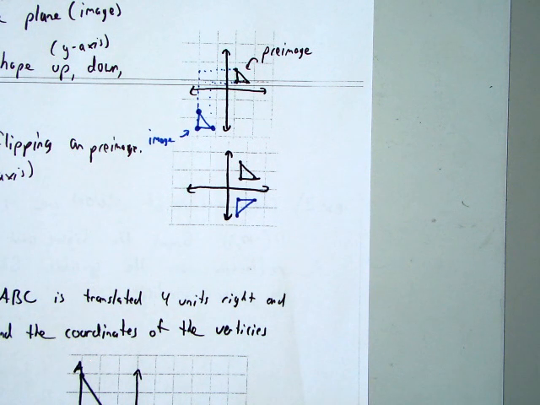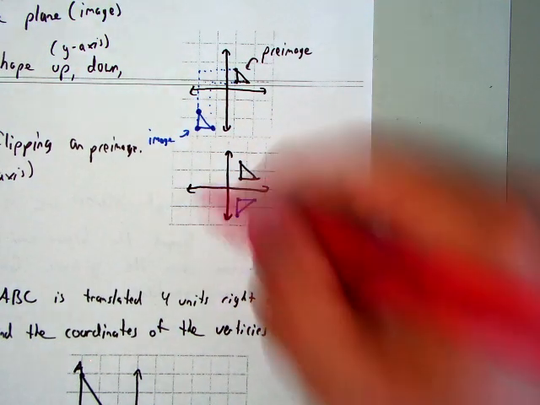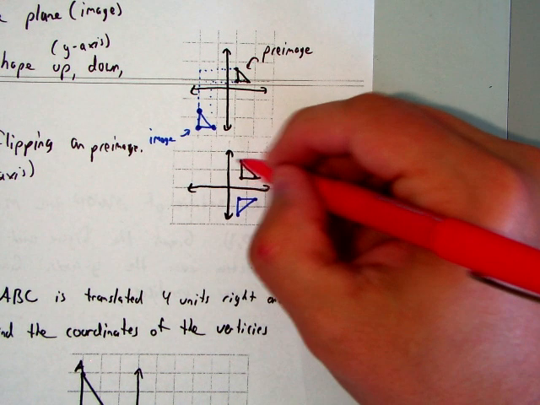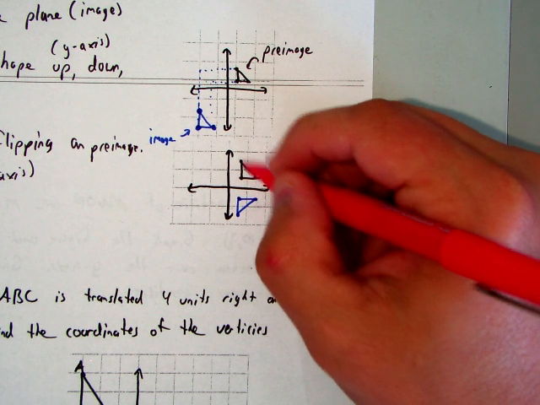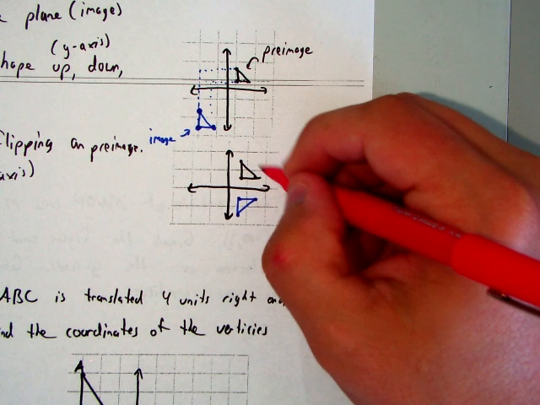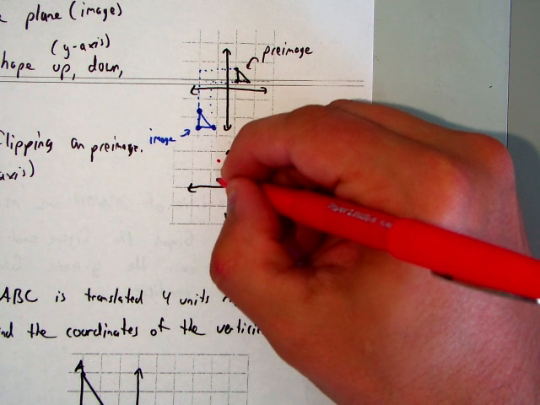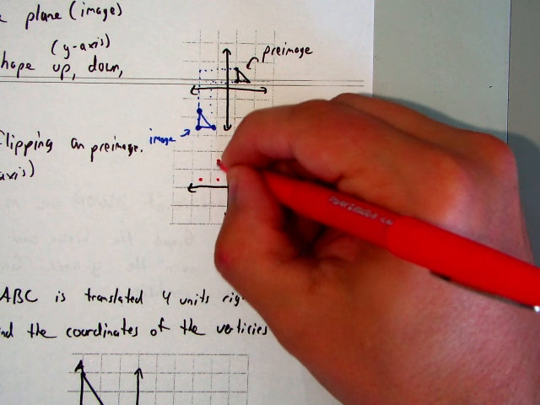Now, if I wanted to go about the y-axis, that's the vertical one here, same exact process. Each one of the points will be the exact same distance away from the y-axis, just on the opposite side. So again, this is a half a point away, so I'll move it the same distance on the other side.